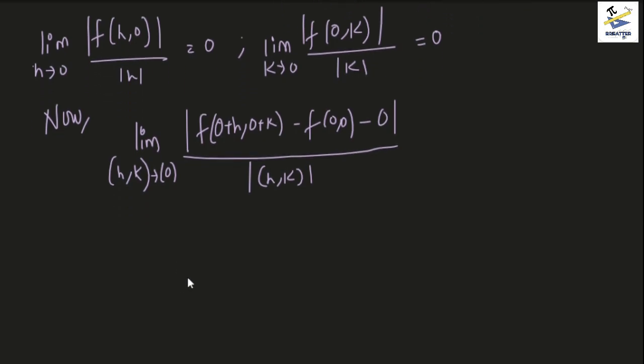If it is not, or if it does not exist, then the derivative does not exist at 0 comma 0.